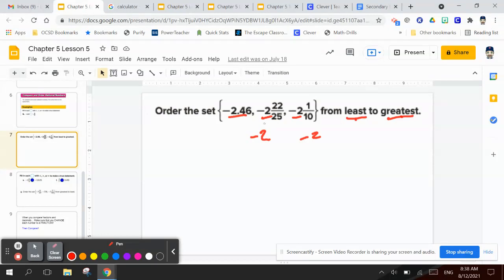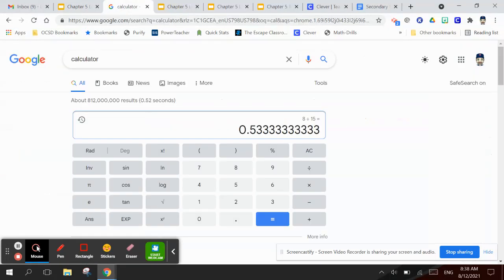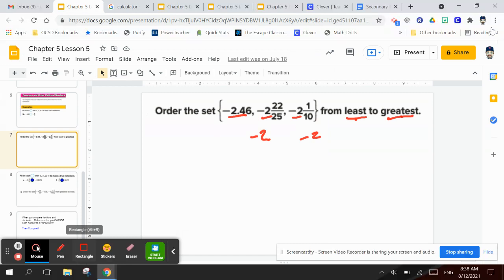So 22 25ths, we have to divide. 22 divided by 25, that's 0.88. And notice that it's not repeating because it stops. So that's terminating. So over here, I have negative 2.88.